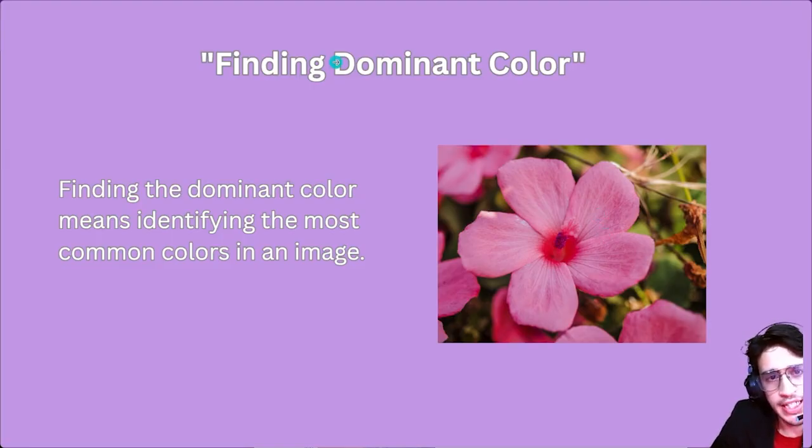But if we are going through this whole PPT page, then this pinkish purple shade, lavender I think, is the most dominant in this PPT page. So dominant color is nothing more than the color which is most dominant in the image. Here it's also mentioned that finding a dominant color means identifying the most common color in an image.